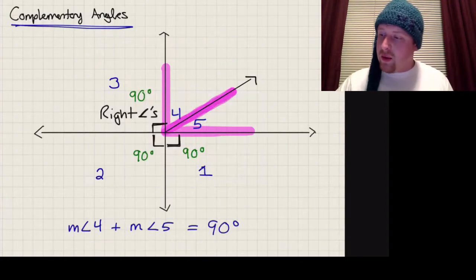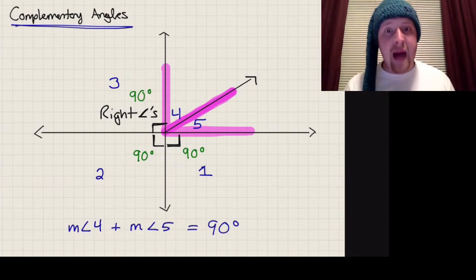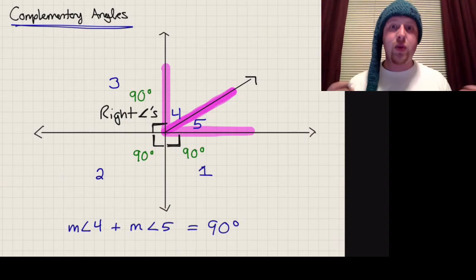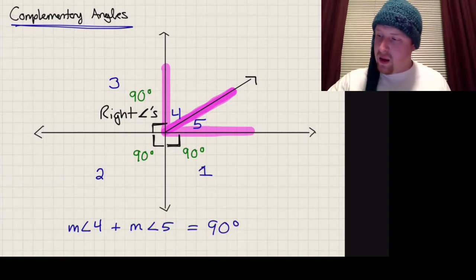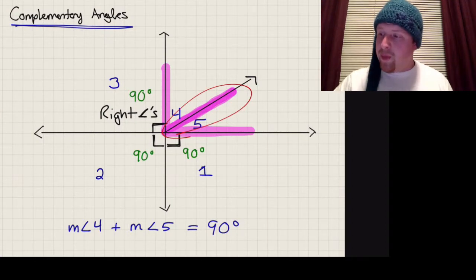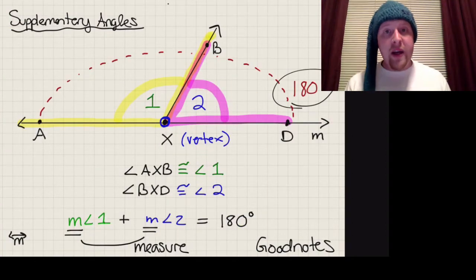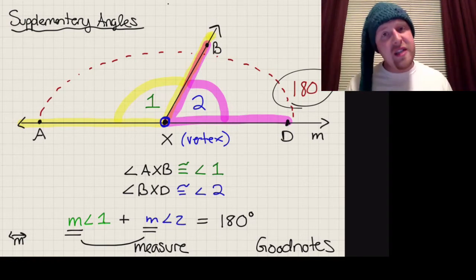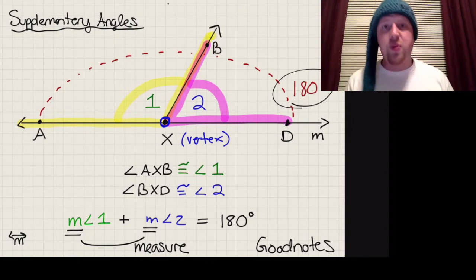Notice also that angles 4 and 5 are complementary, but they're also adjacent angles because they're right next to each other and they share a side. And if we go back to our original diagram, 1 and 2 are adjacent angles, but they're also supplementary angles. So we have all of these angles that can fall into multiple categories.